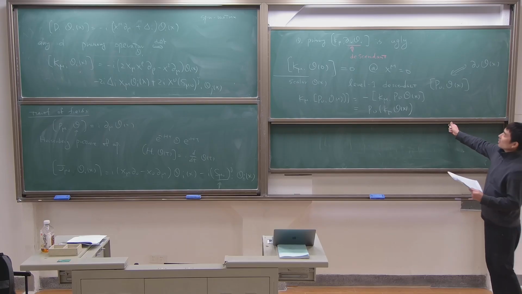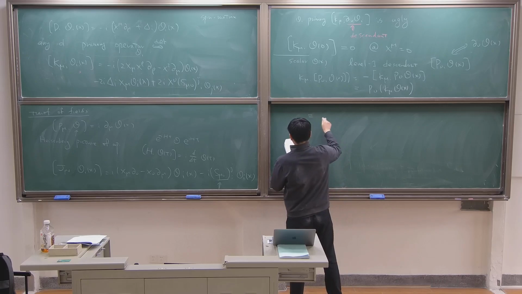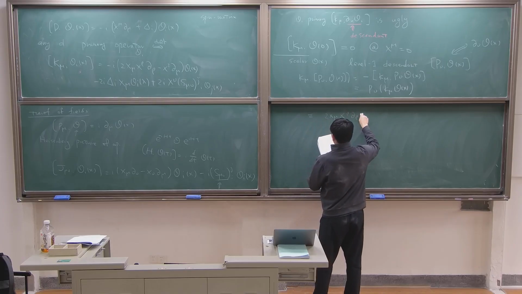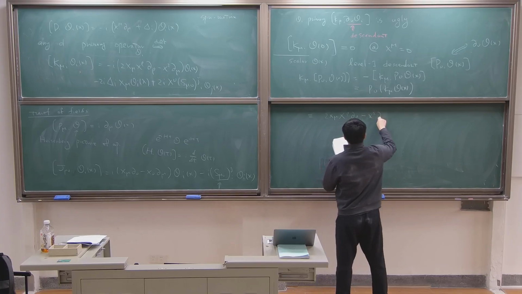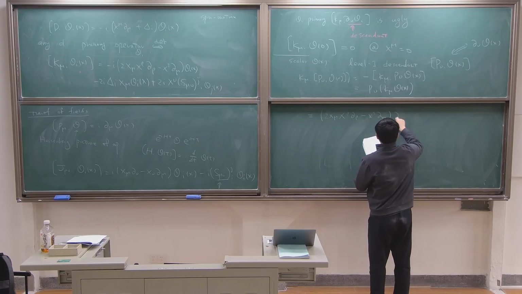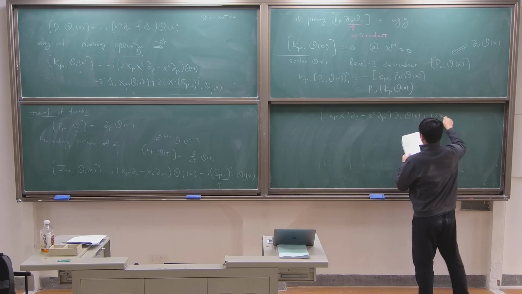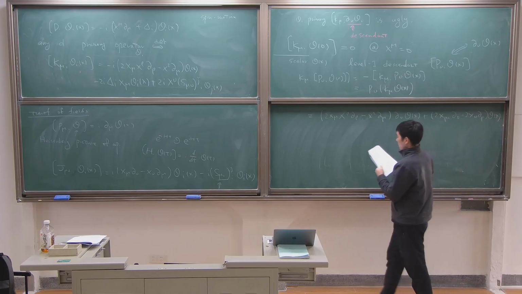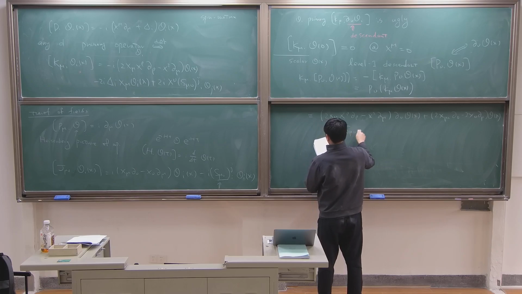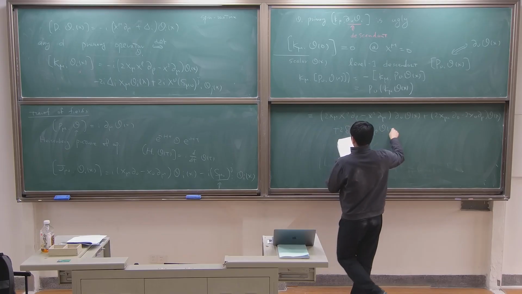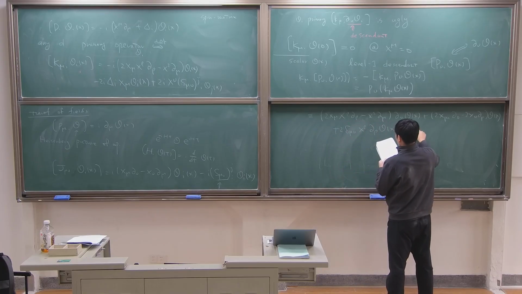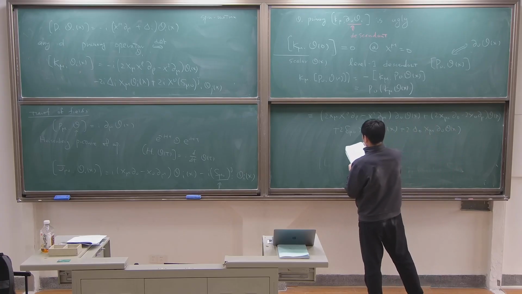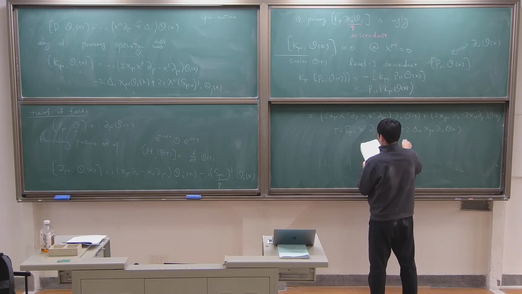Sorry, I got confused. I don't know the step, but from there we get 2x mu x rho partial rho minus x squared partial mu, plus 2x mu partial mu operator of x, and then plus 2 delta mu nu x rho partial rho of the operator, and then plus 2 delta 0 x mu partial mu over the operator of x.